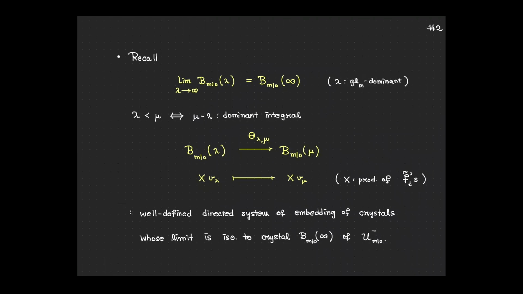If an element of B of lambda is given by x v lambda, where x is a product of fi tildes, then we just apply the same crystal operator to the highest weight vector with the bigger highest weight. Then it gives a well-defined crystal embedding, and its limit becomes B of infinity.